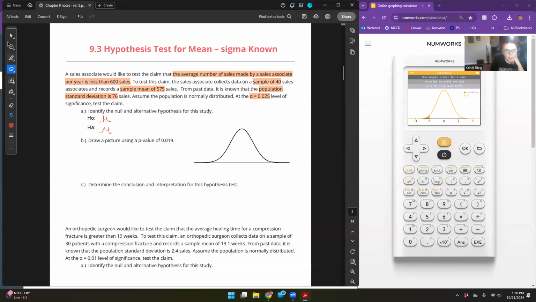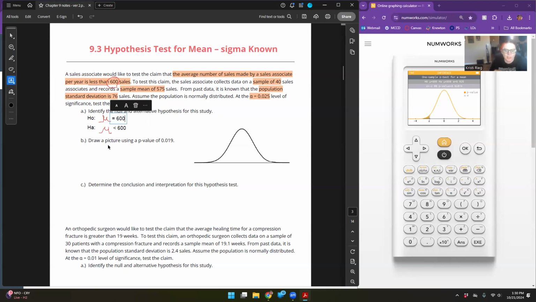And then per the claim, we have 600 and also less than. Those are the two things we're going to take away from the claim. So the alternative is the less than 600. Mu is less than 600. And the null is equal to 600 because the null is always equal.